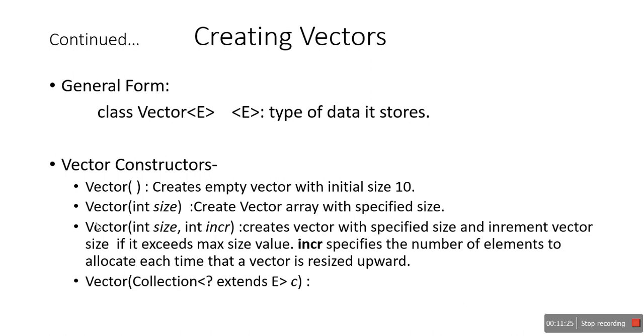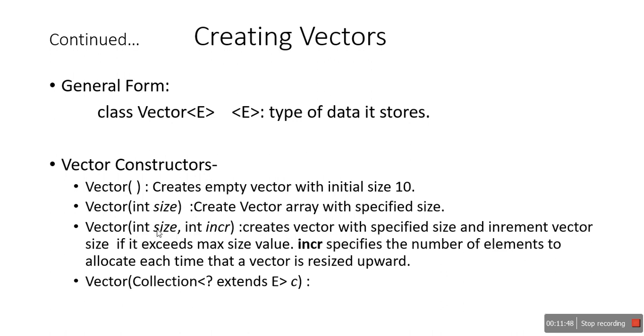The next constructor is Vector(int size, int increment). These two parameters do the following. This constructor is used to create a vector of the size specified.